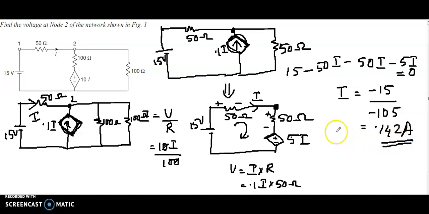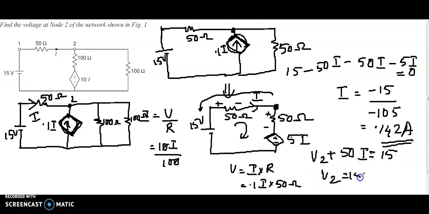So now we have to find V2. We can consider this path. So we can write V2 plus 50I is equal to 15. So V2 is equal to 15 minus 50I.